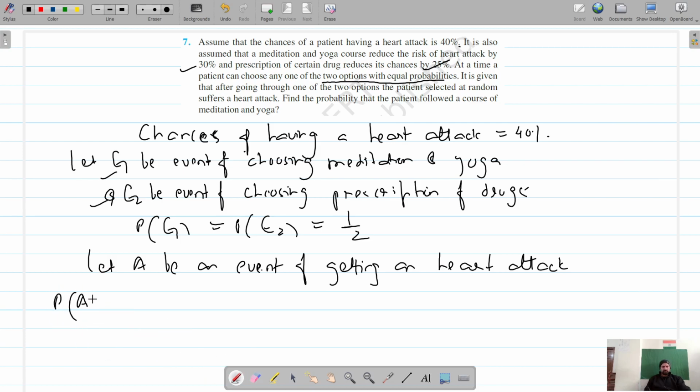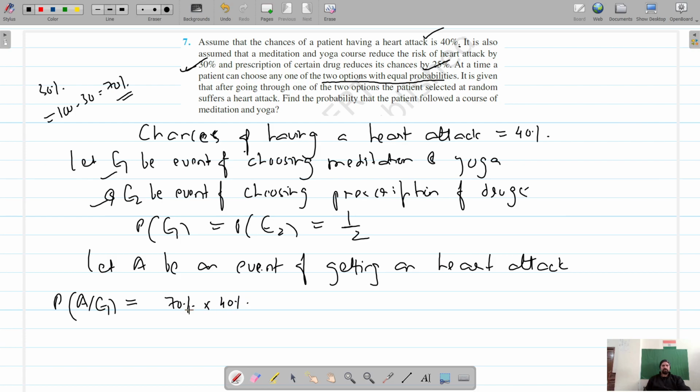for a patient when he is doing meditation and yoga, it reduces by 30%. So that means it's still 70%. If it's reduced by 30%, there is still 70% of risk. And it's also said that 40% of these patients will get a heart attack.